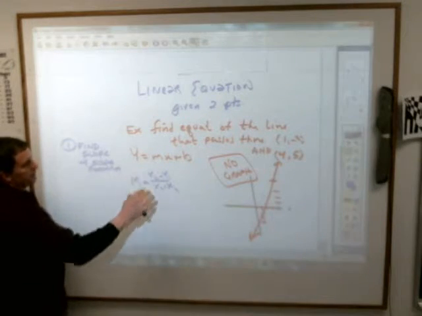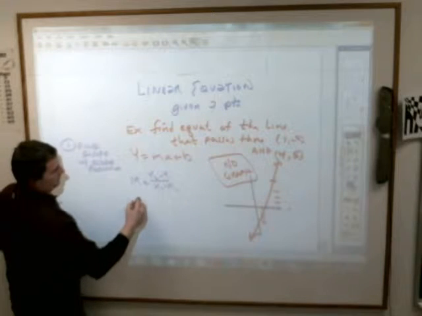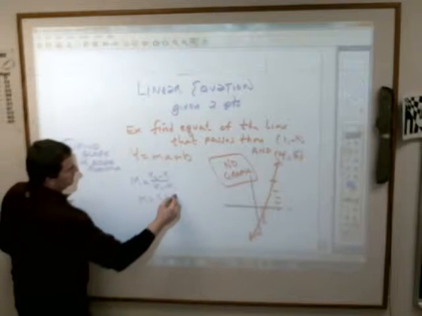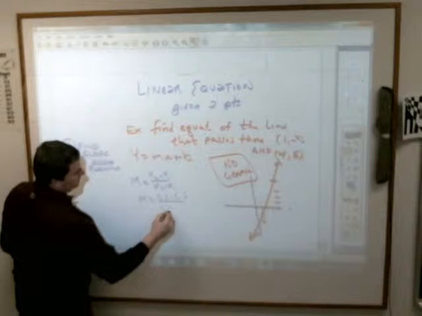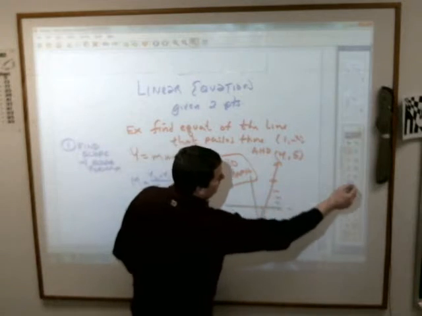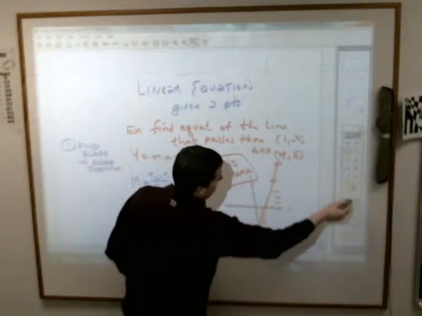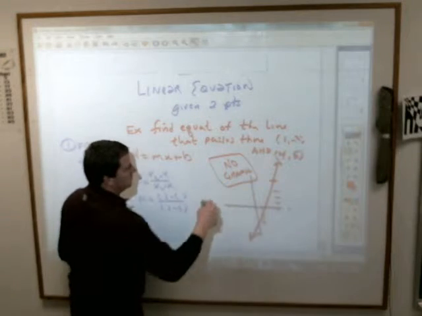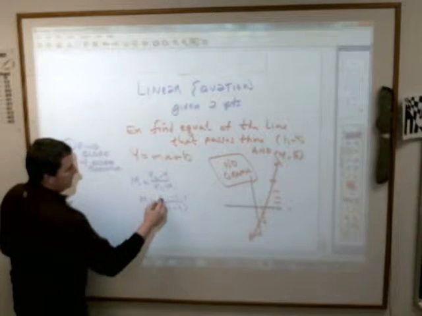So let's do that. So there's my 2 points over there. M equals parenthesis minus parenthesis over parenthesis minus parenthesis. Let's plug in some points here. Just for consistency's sake, I'll pick those to be my 2's. So 5, right?